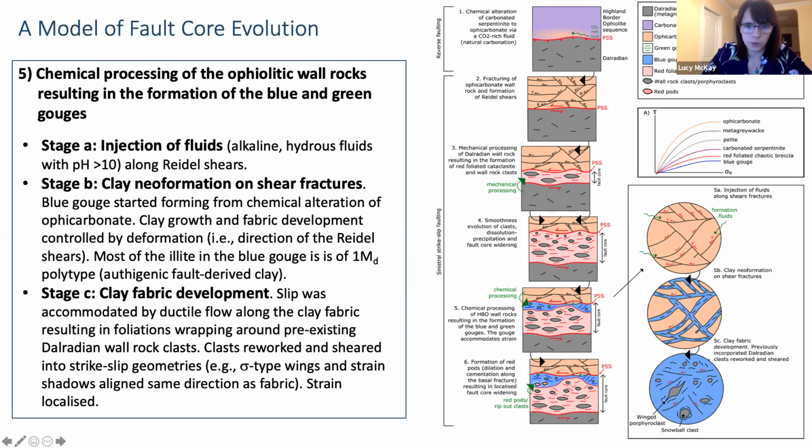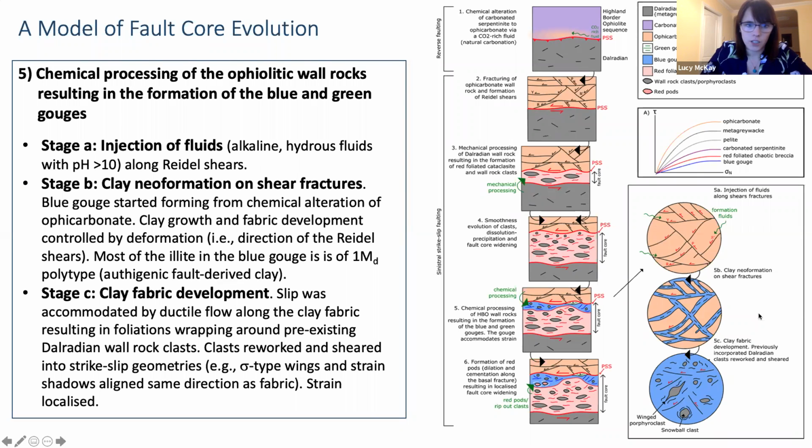So first you get some fluids coming in along these already formed Riedel shears, and it starts to form the clay along these. The ophicarbonate breaks down into this blue gouge along the fractures. So that's therefore why you get the fabric in your clasts all aligned within these Riedel shear geometries.